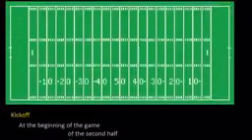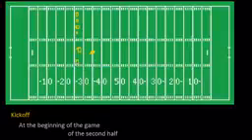At the beginning of the game, as well as the beginning of the second half, the ball will be placed on the 35-yard line, and the players will line up. Our kicker would, of course, be the central guy involved here, and then we would have all the other players on the team. So again, there would be 11 players out there on both teams.